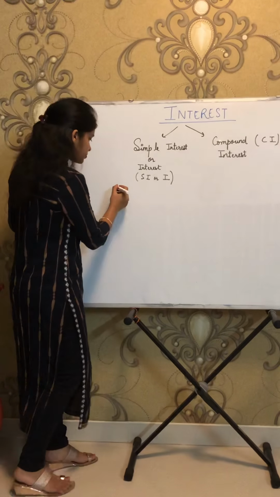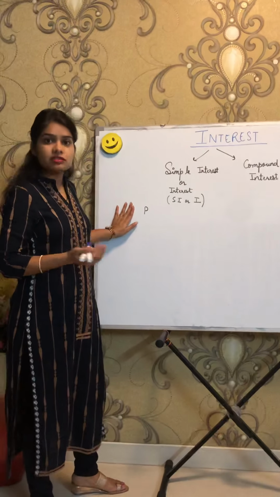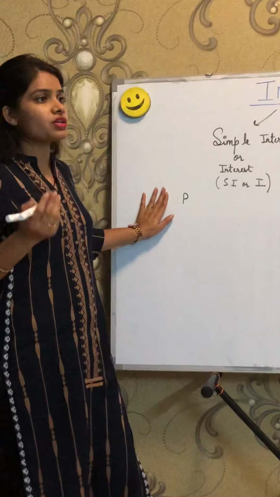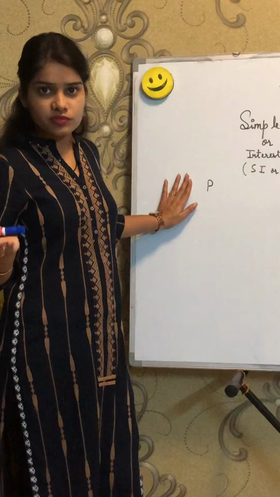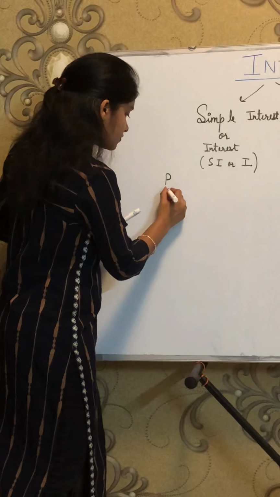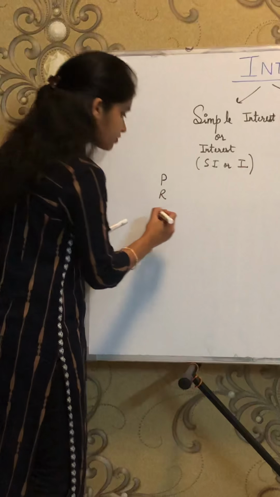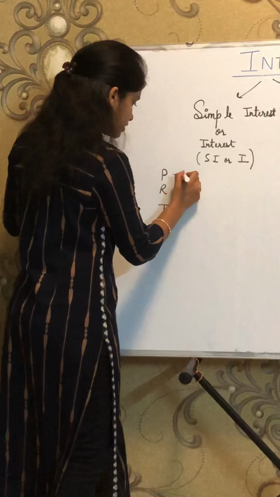in which the extra money we are paying is called interest. And let me introduce the terms: principal, the money we borrow, or sometimes we can say we lent it out. So there we have rate of interest also, and we have T for time period.